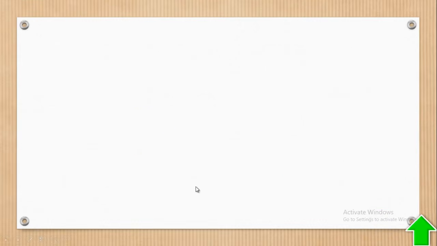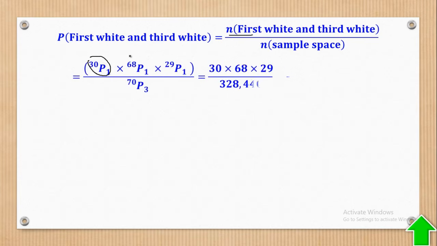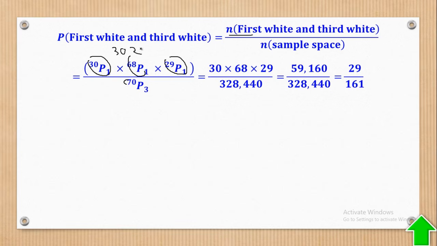Therefore, I'll come here and write that first white and third white means number of ways of picking first white and third white over sample space. So that means that it is 30 permutation 1, 68 permutation 1, and 29 permutation 1, as we saw in the previous slide. Then over the sample space will be 70, because we had 30 white, 20 blue, and 20 red.